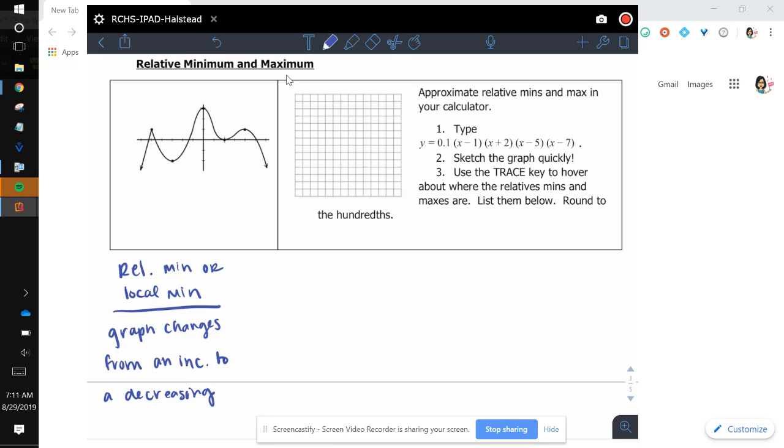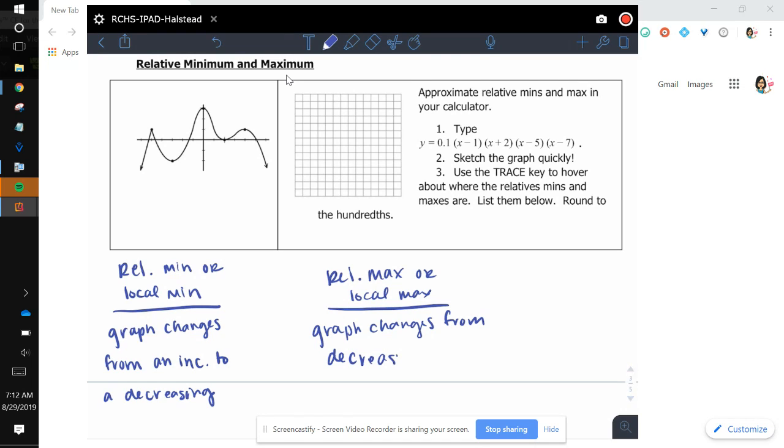And then a relative max, or local max, is when the graph changes from decreasing to increasing.